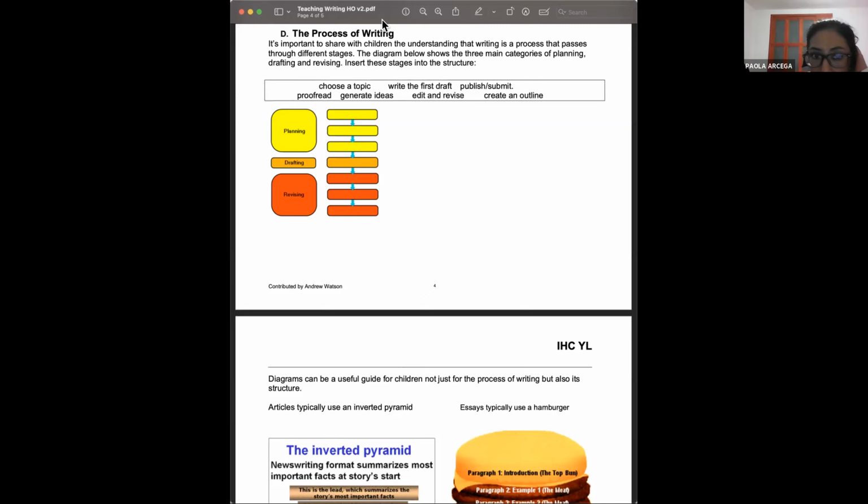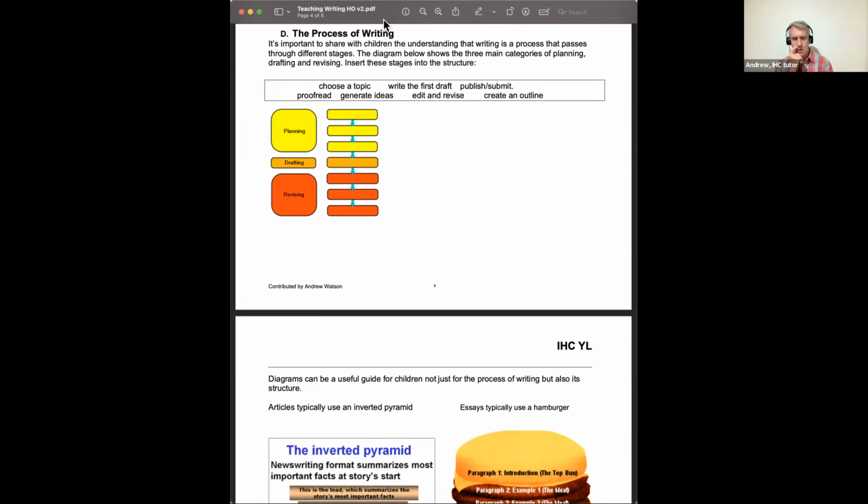After that, generate ideas. That's right so far.